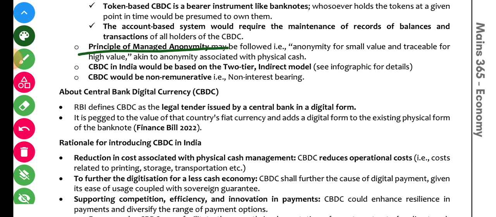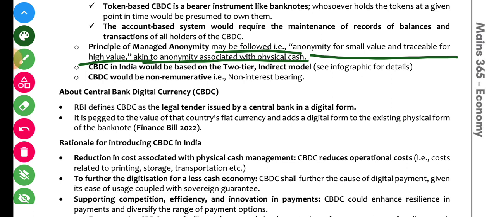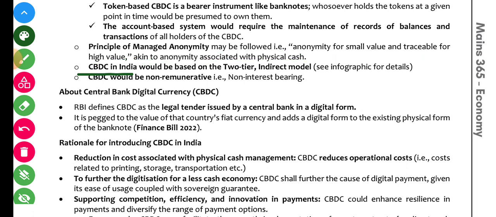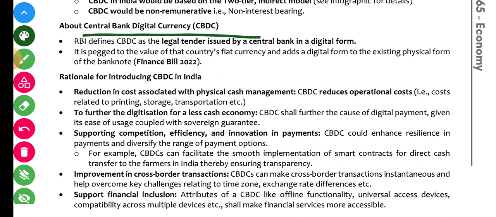The principle of managed anonymity may be followed: anonymity for small value and traceable for high value, akin to the anonymity associated with physical cash. CBDC in India would be based on the two-tier indirect model. See the infographic for detail. CBDC would be non-remunerative, that is non-interest bearing. Keep this in mind. RBI defines CBDC as legal tender issued by the central bank in a digital form, and it is included in the Banknote Finance Bill 2022.